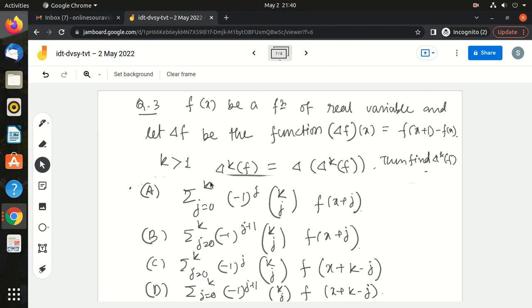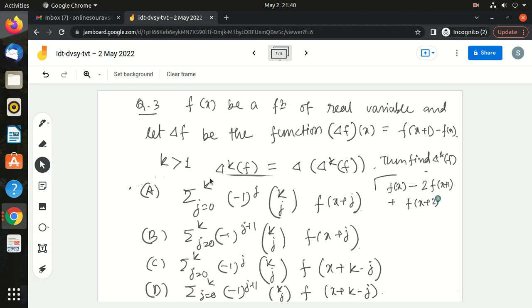If k equal to 2, the first option gives: j equal to 0 means 2 choose 0, so this is f of x, then j equal to 1, 2 choose 1 gives minus 2 f of x plus 1, plus j equal to 2, 2 choose 2 is 1 and minus 1 whole to the power 2 is 1, so this is f of x plus 2.